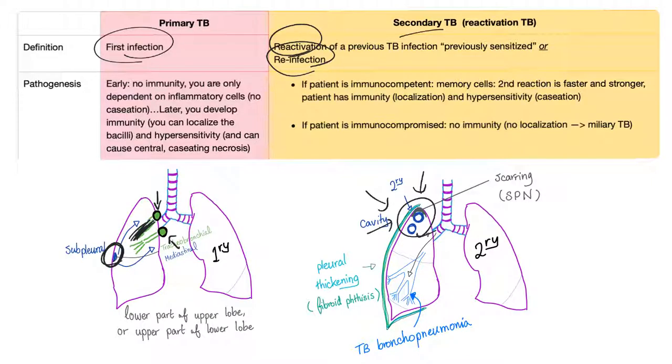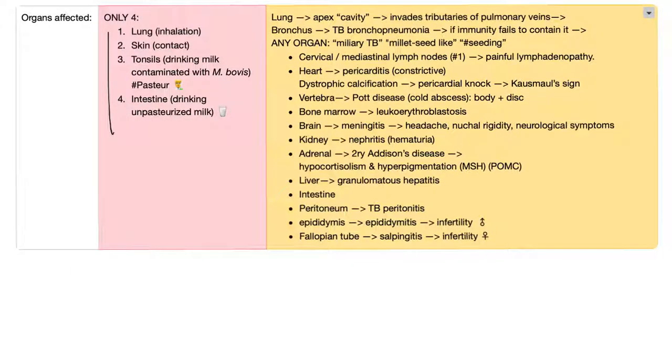If your immunity is weak, it can disseminate to literally every organ, including your bone, causing TB osteomyelitis, and your vertebra, causing TB vertebral osteomyelitis, also known as Pott's disease. In primary TB, only 4 organs are affected, and it's usually the lung. In secondary TB, if your immunity is weak, it's going to involve any organ, including the bone leading to osteomyelitis, and the vertebra leading to Pott's disease, and later it's going to lead to cold abscess, which is going to involve the body and the disc, but this happens later on.